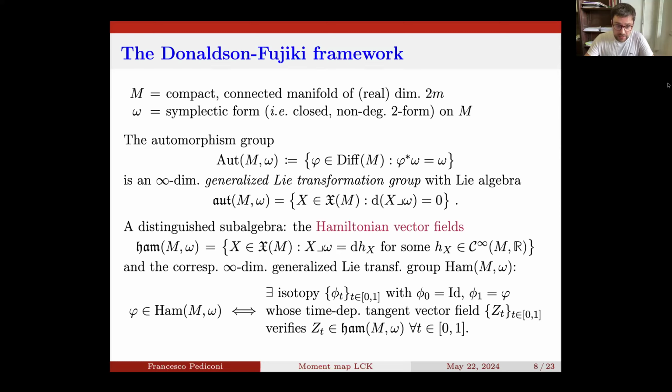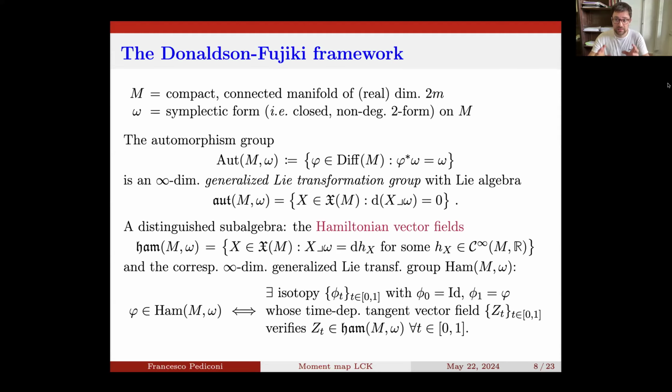The link between the Lie algebra of Hamiltonian vector fields and the generalized Lie group of Hamiltonian automorphisms is the following. We say that a diffeomorphism φ is Hamiltonian if there exists an isotopy with the identity, connecting the identity of the manifold with φ, such that the corresponding time-dependent tangent vector field Z_t of the isotopy lies in the Hamiltonian vector fields for any time from 0 to 1.